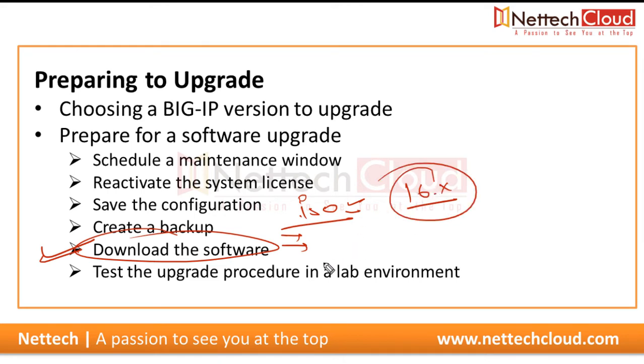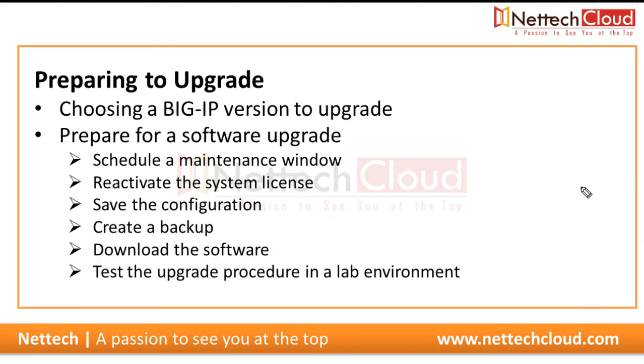I will download 16.x from the F5 download center, the ISO image, and of course you should also download the MD5 hash to verify the checksum. So download both ISO and MD5. Not optional, but better if you download and verify the checksum.